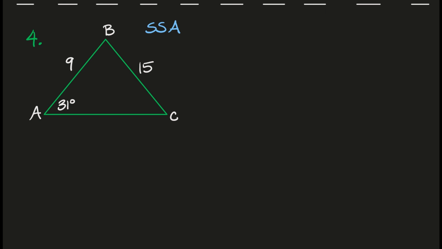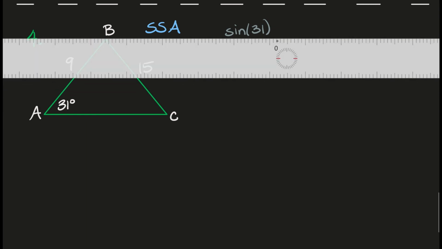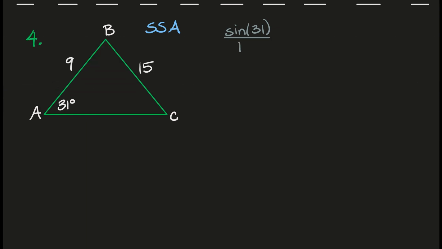But what we want to do is check the solution we get, and ensure that there is not a possibility of two triangles here. So I'm going to say sine of 31 over 15, and I am going to set that equal to sine of x over 9. So across from angle x is 9. And then here we will cross multiply.